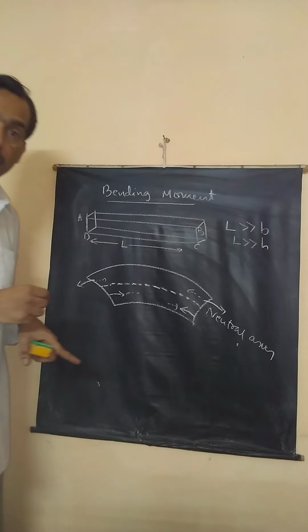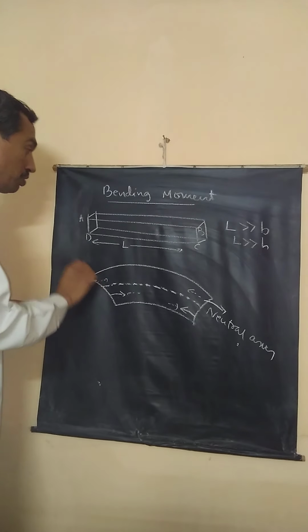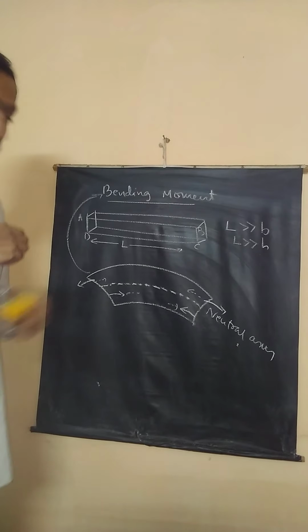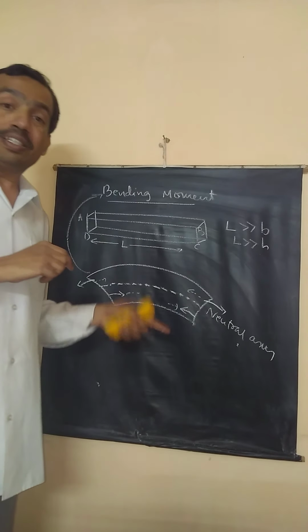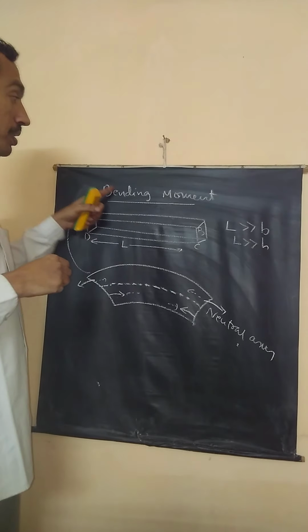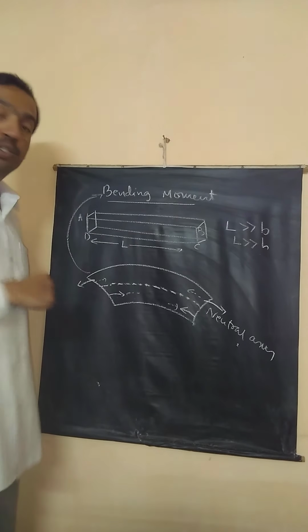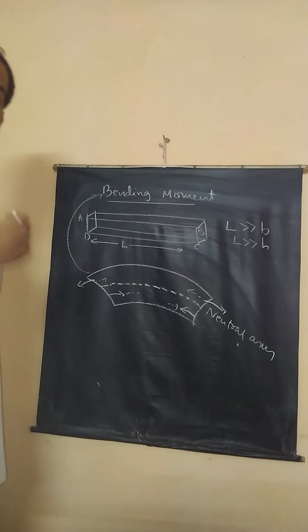Now, the moment of this restoring force is called the bending moment. The moment of the restoring force set up in a beam experiencing a stress is called the bending moment. Now we have to find an expression for this. What is the formula for it?